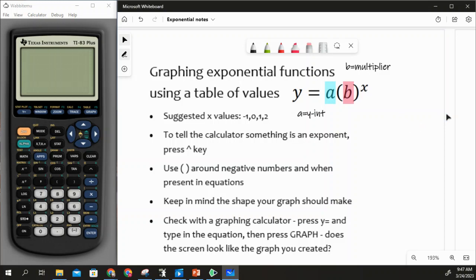Each of these graphs are going to kind of look like half a parabola in some way, or kind of like half a rational equation.